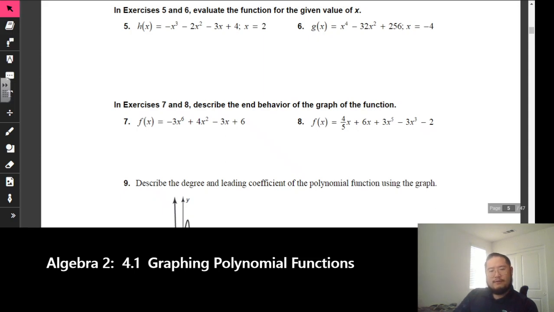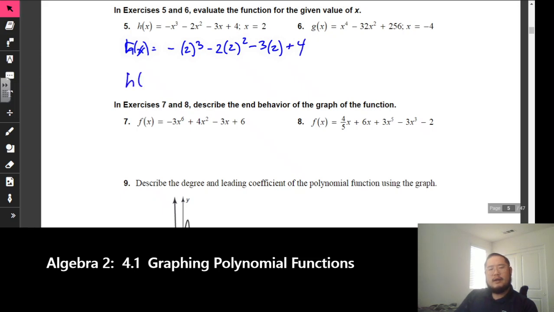So in order for you to figure out h of x right here, make sure when you plug things into your calculator, use parentheses. So I got negative, parentheses, 2x to the third, minus 2 times 2 squared, minus 3 times 2 plus 4.